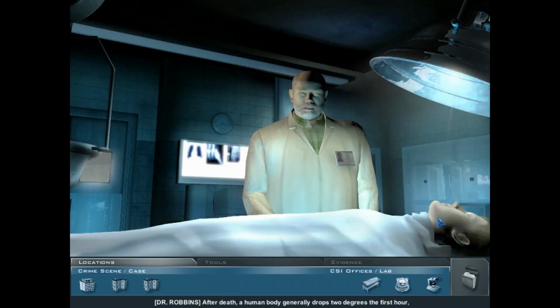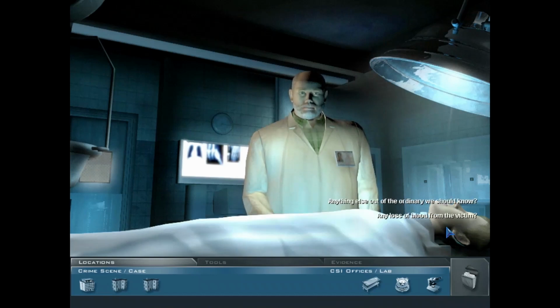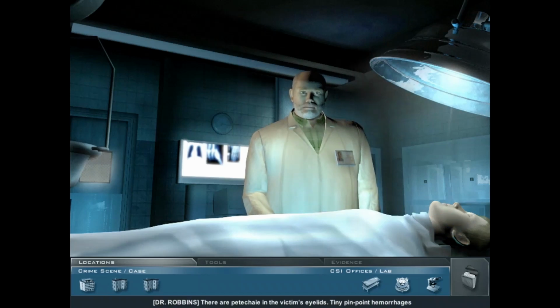After death, a human body generally drops 2 degrees the first hour and another degree every hour after that, with a 4-hour give or take. Given the core temperature of the victim's liver and the ambient temp at the crime scene, I estimate she was killed between 11 and 11:30 p.m. There are petechiae in the victim's eyelids, tiny pinpoint hemorrhages caused when the blood backs up into the capillaries.